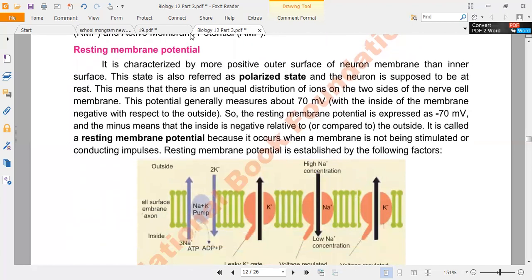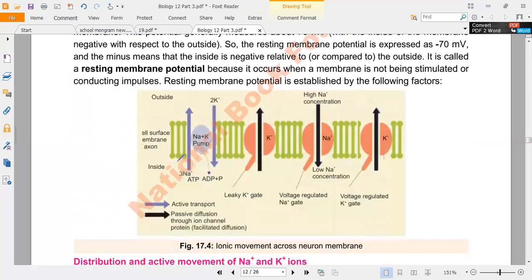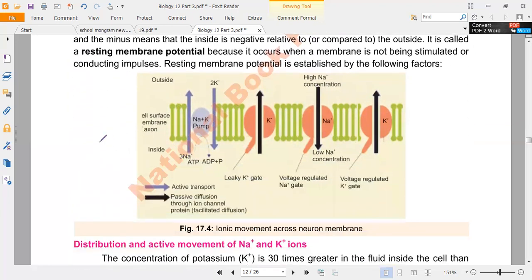Resting membrane potential is when the neuron is at rest, when there is no stimulus going on. When there is a stimulus, definitely there is a disturbance in the charges, but in resting membrane potential, no movement of the charges is there, no stimulus is applied.